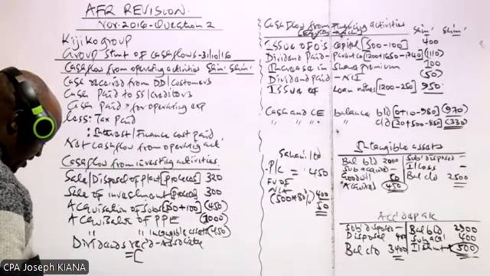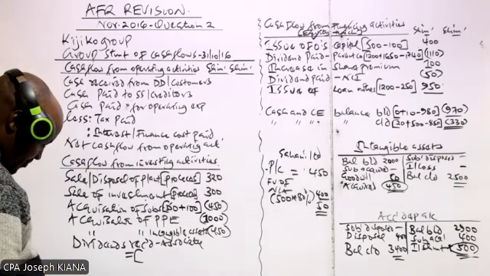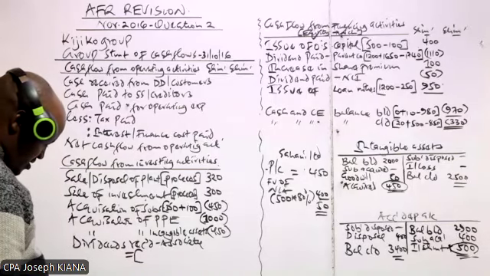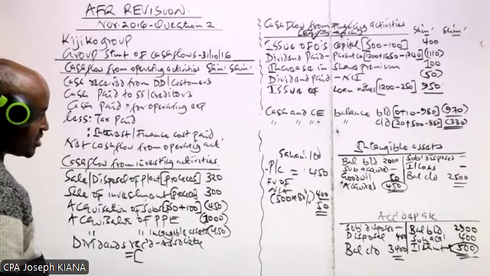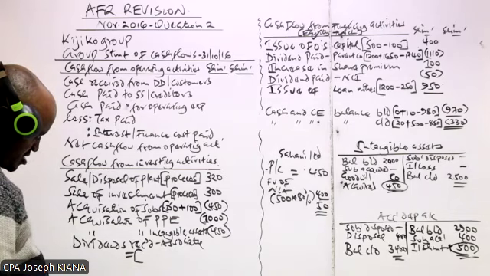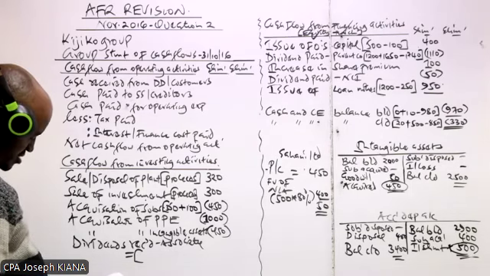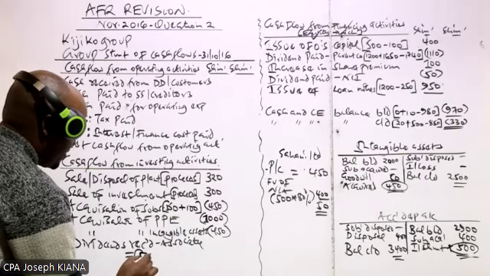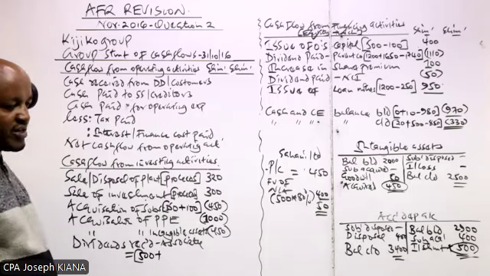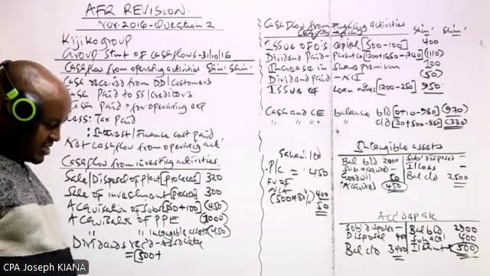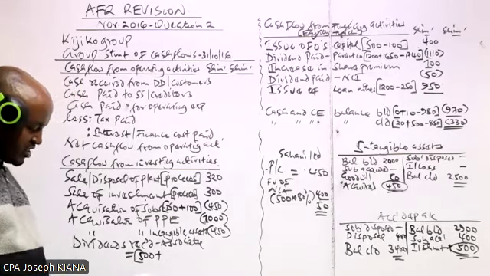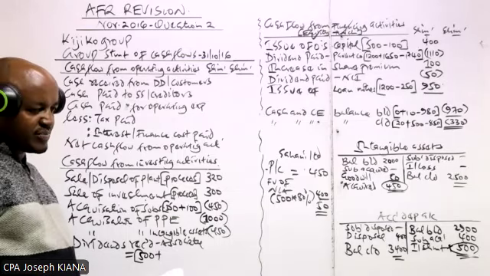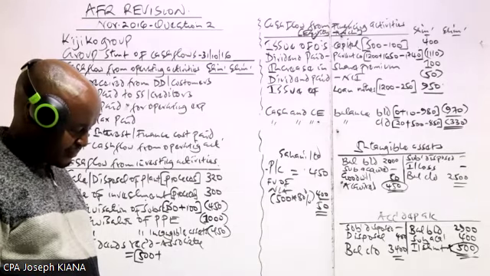We take investment in associate at the start of the year, which is 500. And then to this, we add the share of associate profit, which is in the income statement. Can we go to the income statement?